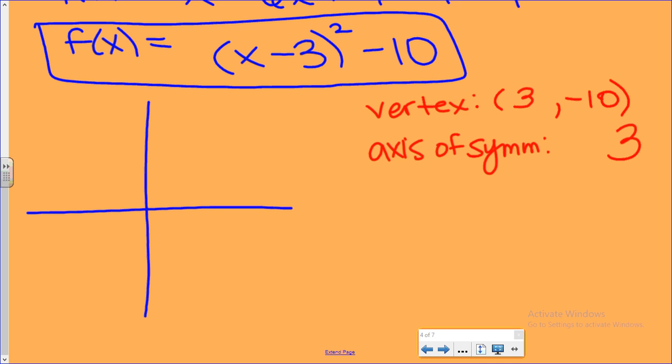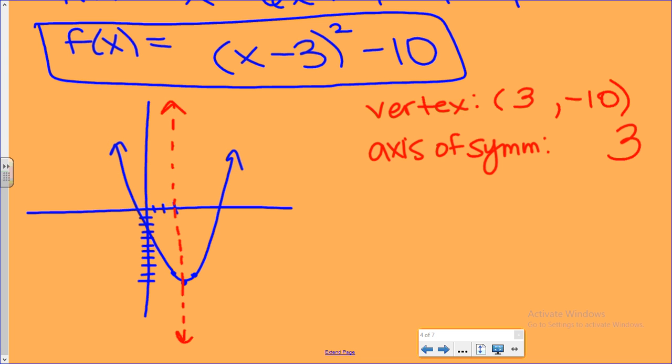So, using our transformations, we know we need to go right 3 and down 10. So, this line right here is our axis of symmetry. 3 is the number that we need.